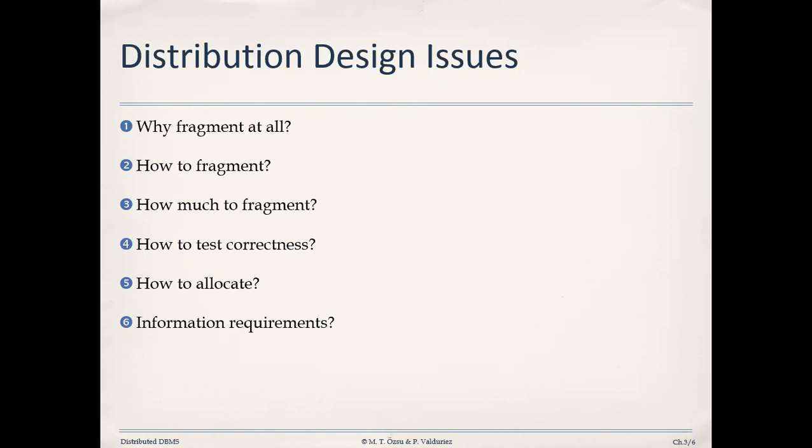And what about the third one? The third one says how much to fragment. It is decided that fragmentation is necessary, and number 2, you know how to fragment, but how much to fragment? How much do you want to break a relation? Let's suppose a relation has 7 attributes and 100 rows.